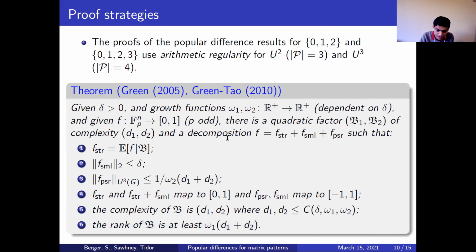Okay, so this is a long statement, but sort of the takeaway is, given a function, and I want to understand its 4AP structure or something about its U3 structure, then I can basically replace it with something that depends on a finite amount of linear forms and a finite amount of quadratic forms in my variable.